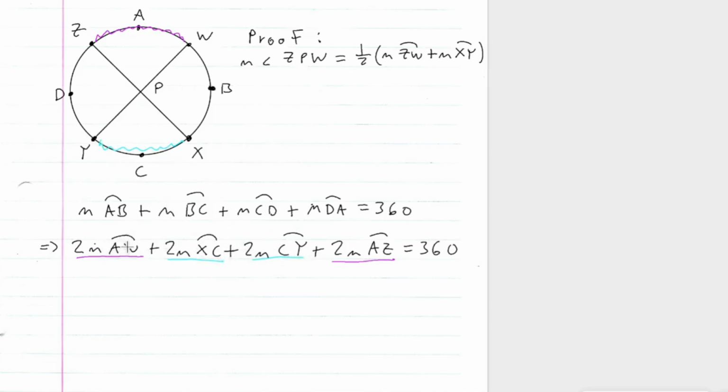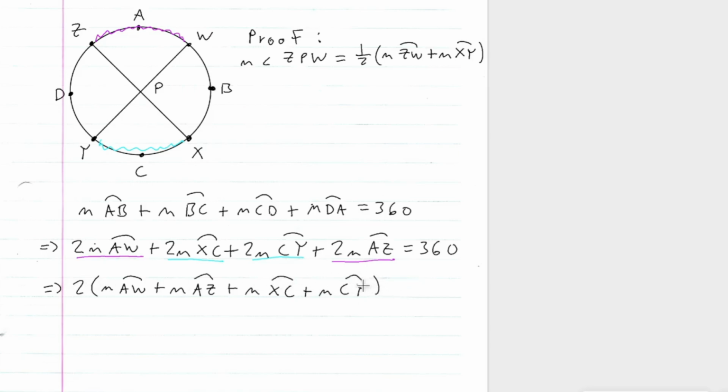So notice there is a common factor of 2, so I can factor out the 2. So I have 2 times the measure of arc AW, and I'm going to put the purples together, so plus the measure of arc AZ plus the measure of arc XC plus the measure of arc CY.